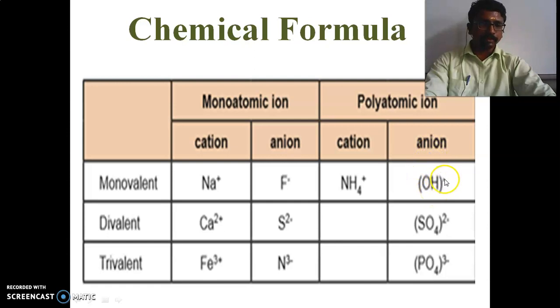Anion means negative charge, so OH-. Next, the divalent anion is sulfate, SO4 2-, the sulfate ion. And the trivalent anion is PO4 3-.